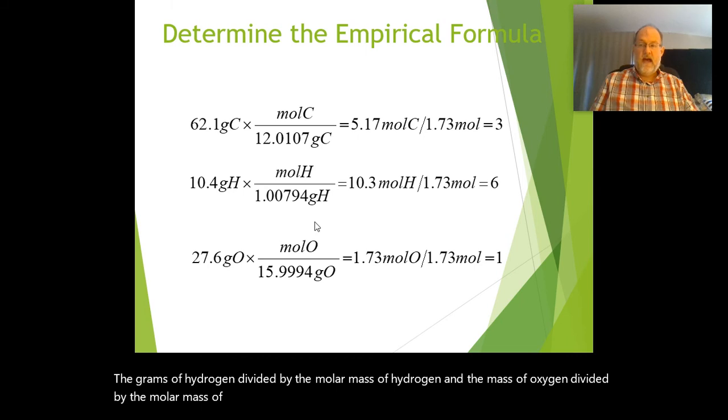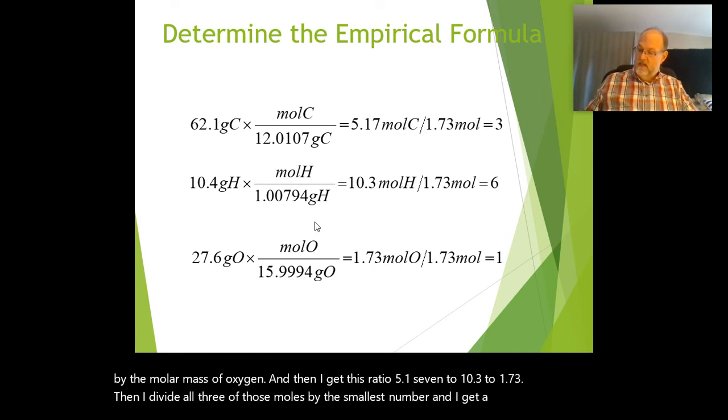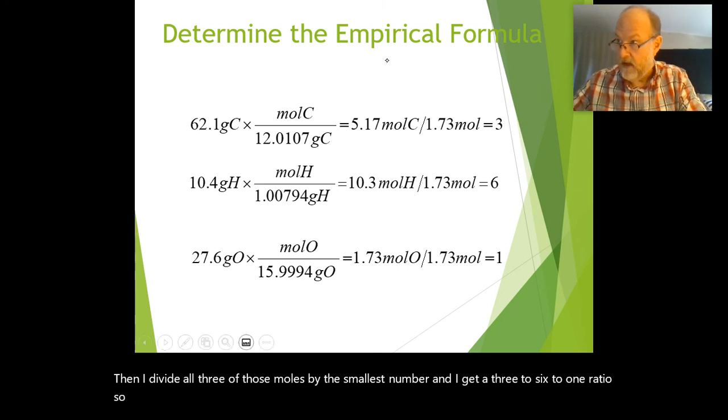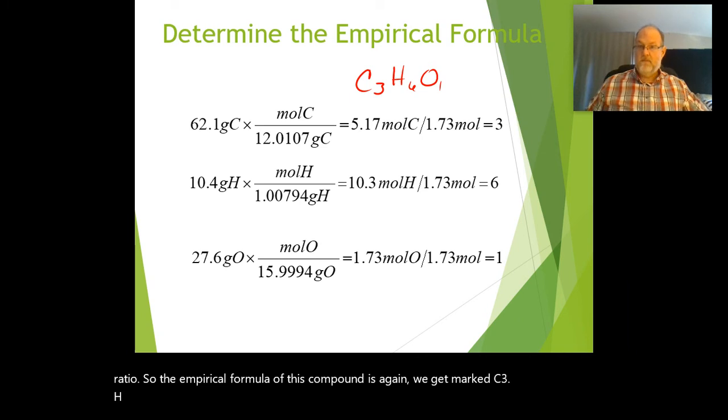And then I get this ratio, 5.17 to 10.3 to 1.73. Then I divide all three of those moles by the smallest number, and I get a 3 to 6 to 1 ratio. So the empirical formula of this compound is C3H6O1. That's my empirical formula.